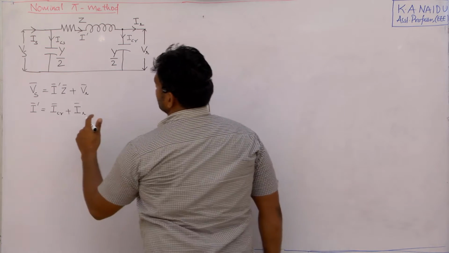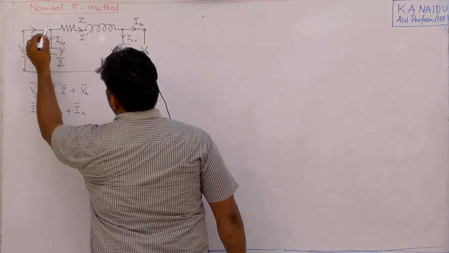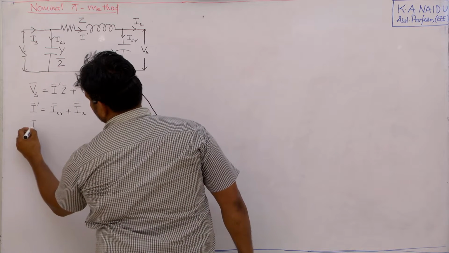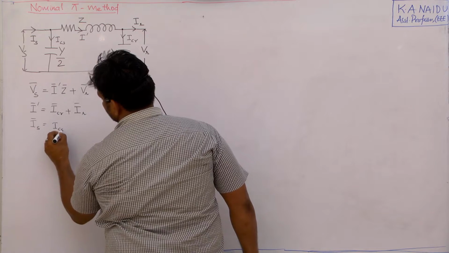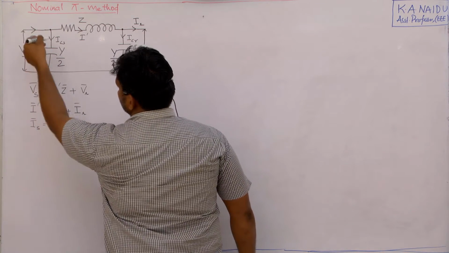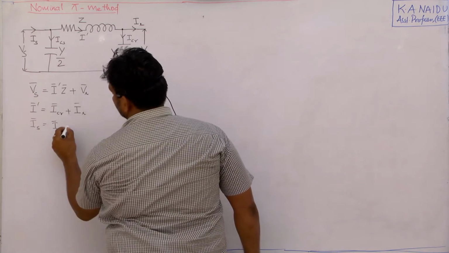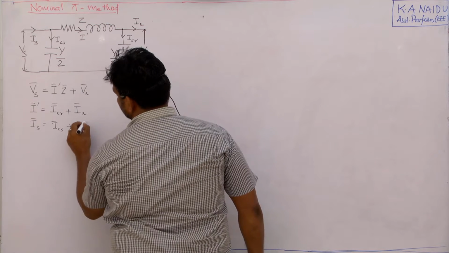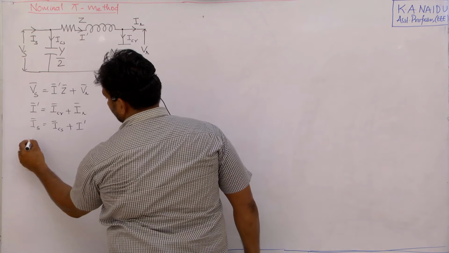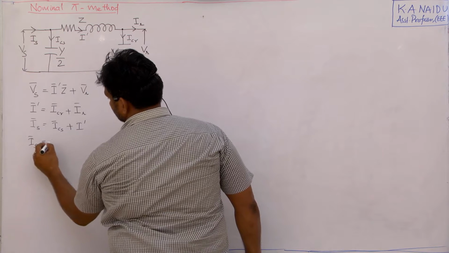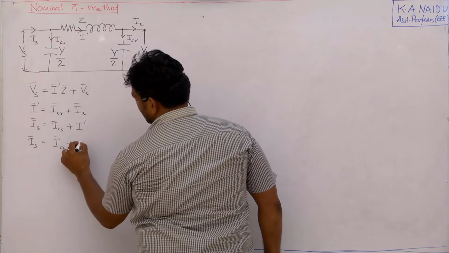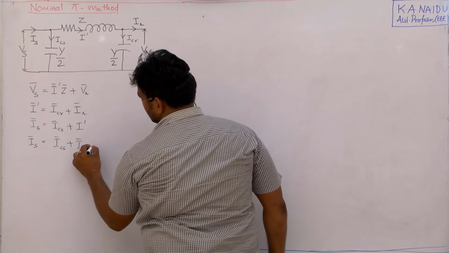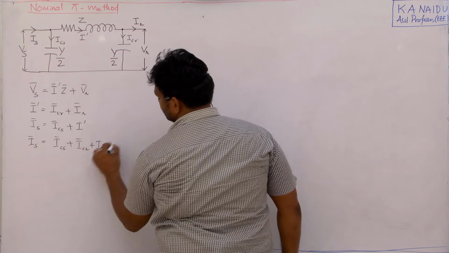Similarly, if you apply KCL at this point, the source current Is is equal to ICS, the current flowing through this capacitor, plus current flowing through this branch I dash. You substitute this here, you get Is is equal to ICS plus ICR plus IR.